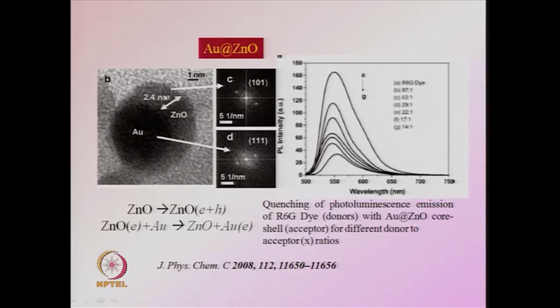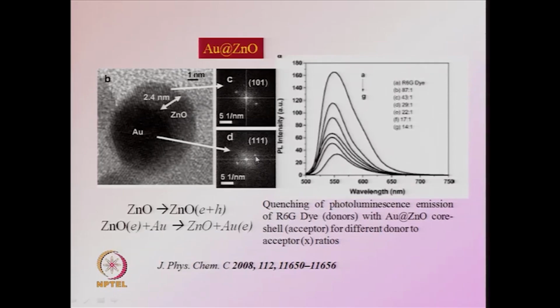If you do the diffraction from the shell region, you will get a pattern corresponding to zinc oxide, and when you take a diffraction from the gold at the center, you get an electron diffraction pattern, or what is called the fast Fourier transform of this image. Then you get a diffraction pattern which corresponds to the gold nanoparticle, and the 111 reflections have been identified.